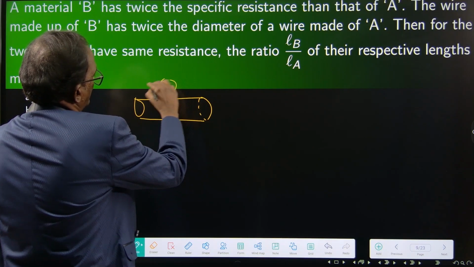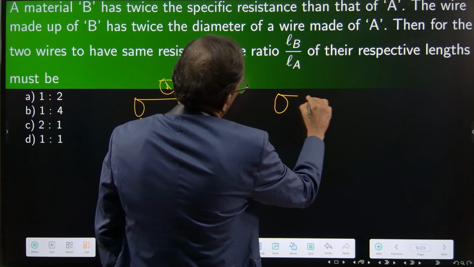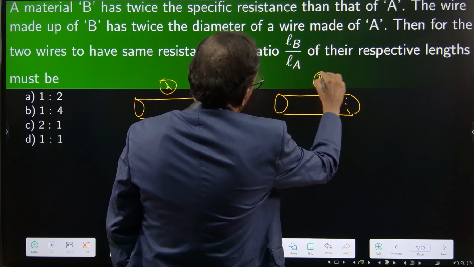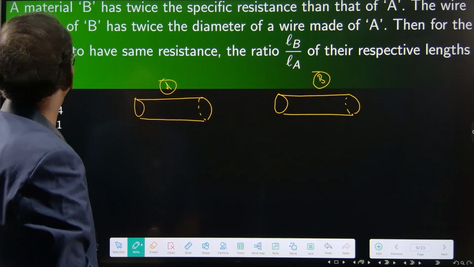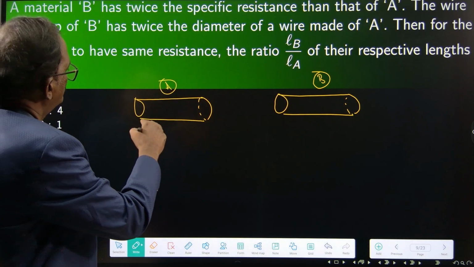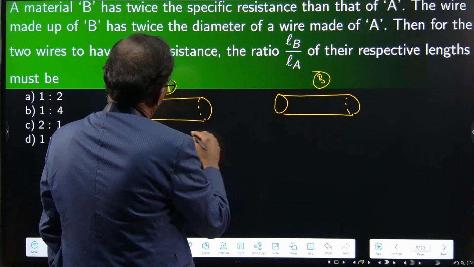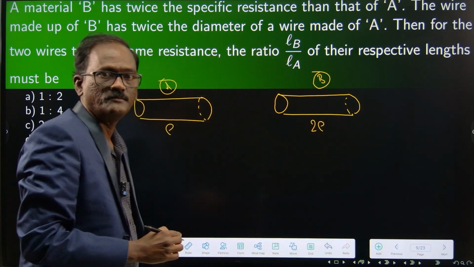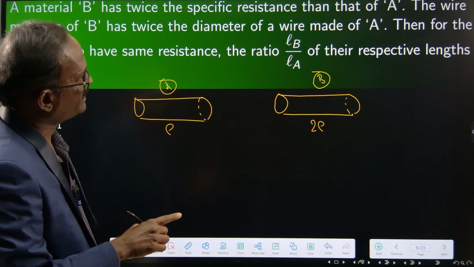This is material A, material B. Twice the specific resistance than that of A: if it is rho, then it has 2 rho, different material.